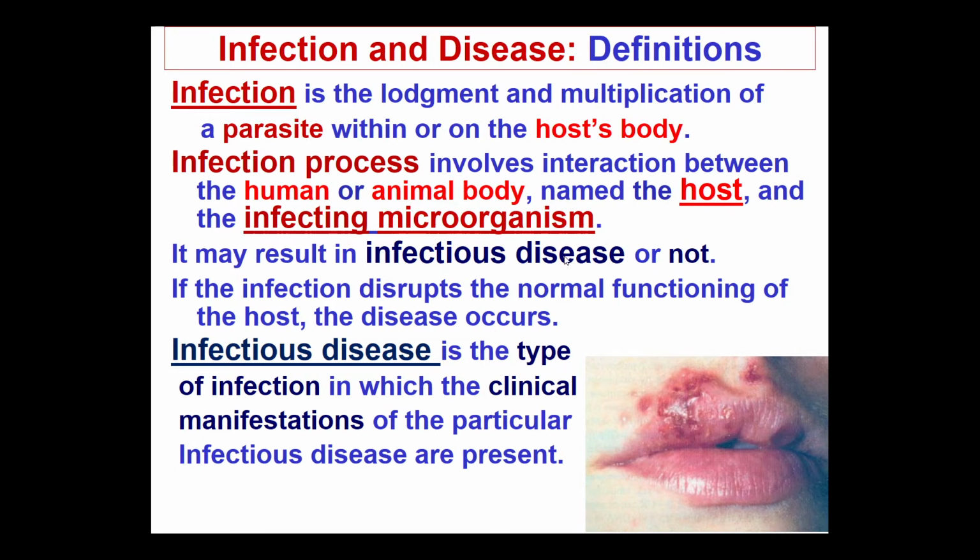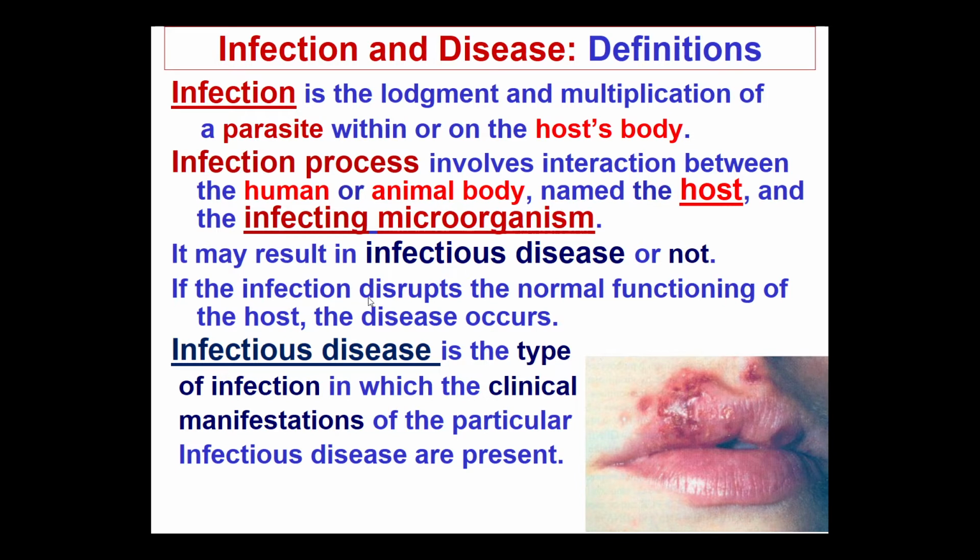It means an infection process may occur without symptoms, without lesions, without feeling of pain or other signs of the disease. The infectious process may occur, but this process couldn't be named a disease, because disease is an infection associated with damaging of the host tissues, affecting the host functioning.